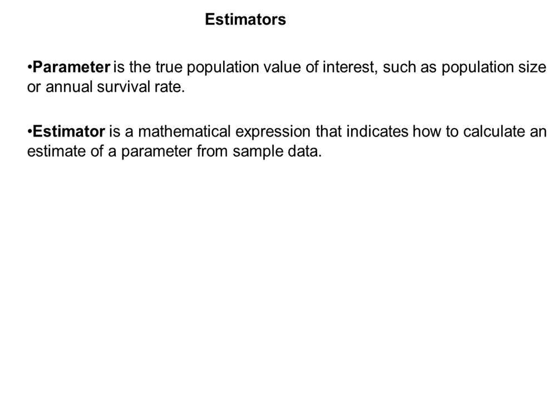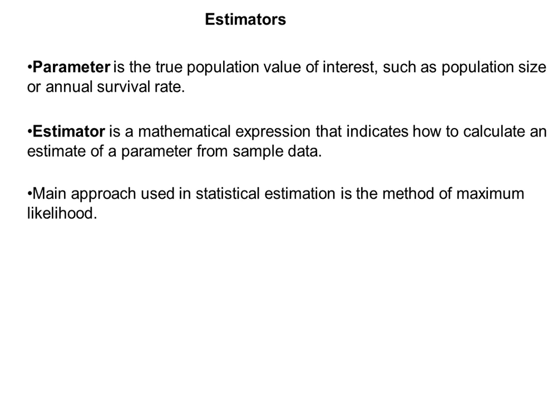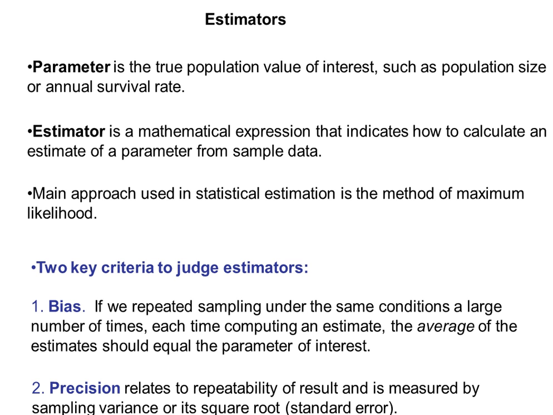For the estimators, a parameter is the true population value of interest, such as population size or annual survival rate. The estimator is a mathematical expression that indicates how to calculate an estimate of a parameter from sample data. The main approach used in statistical estimation is the method of maximum likelihood.